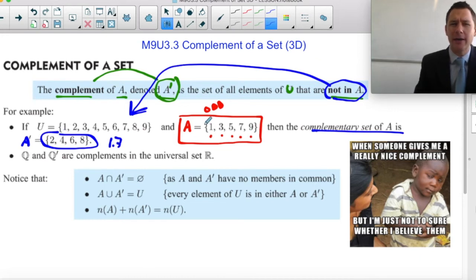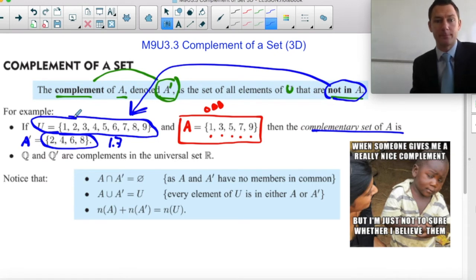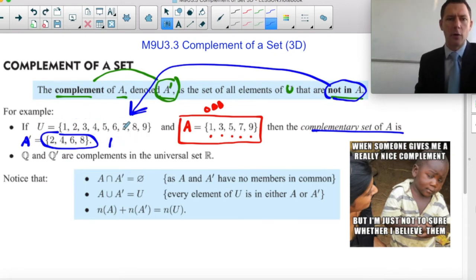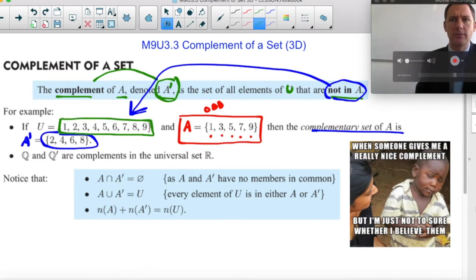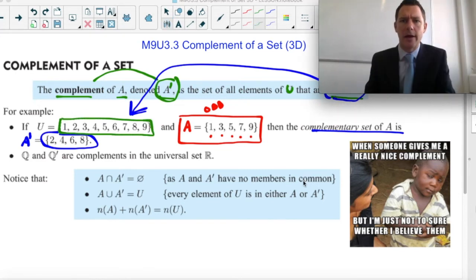Although it's not in A, we don't use 1.7 because 1.7 isn't in the universal set because it's not a whole number, right? So the complement, A prime, is everything that's not A but is still in the universal set. Yeah, I guess it should be in green. Cool. Great. Okay.